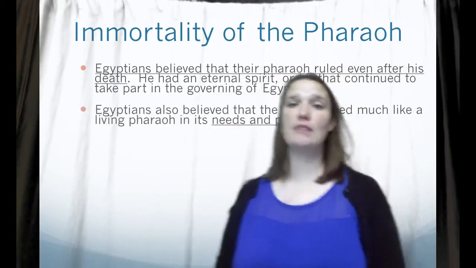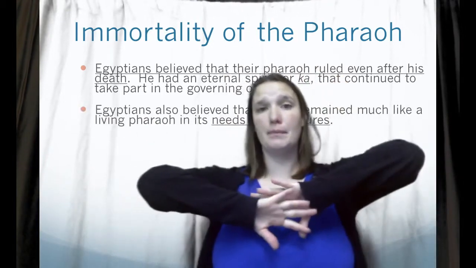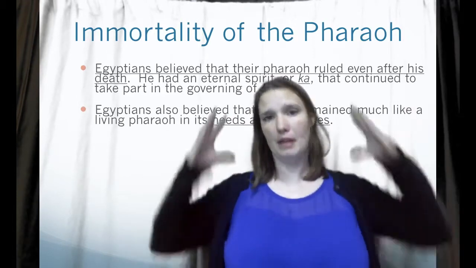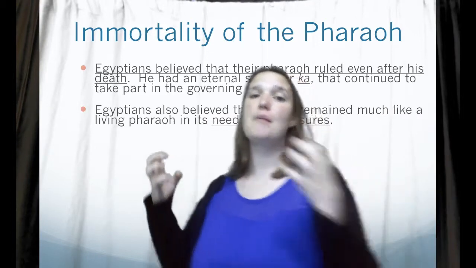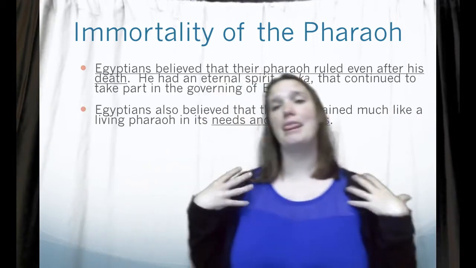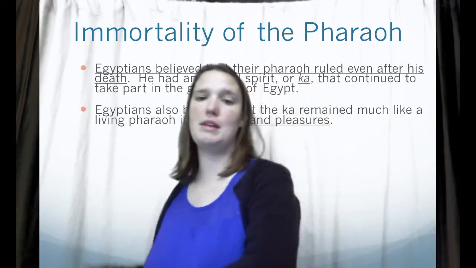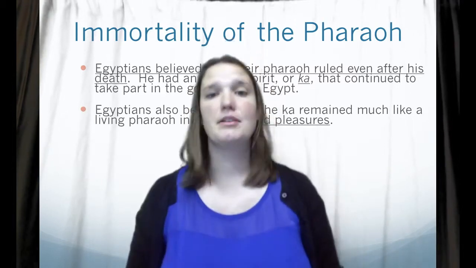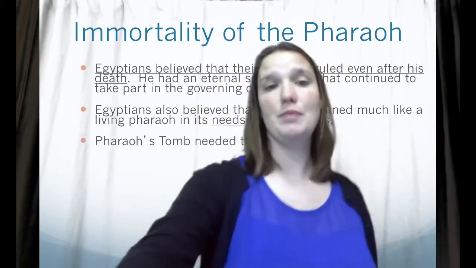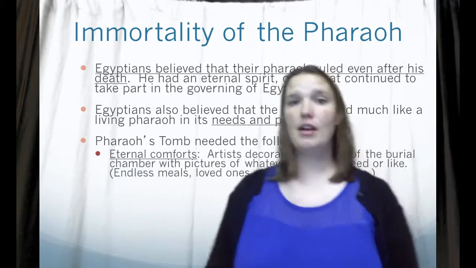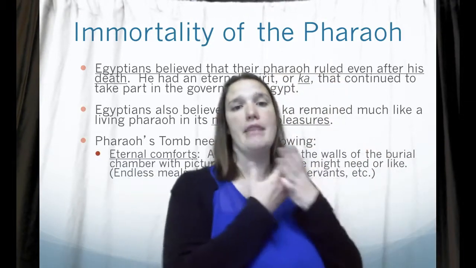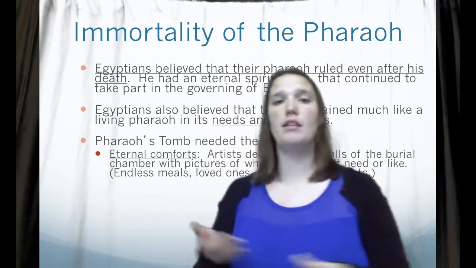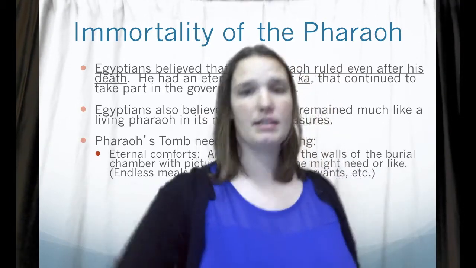Egyptians also believed that in order to remain present, the Ka needs pleasures. So in death, the pharaoh needs other things. A pharaoh's tomb needs to consist of decorative walls that would include endless meals and loved ones and servants.